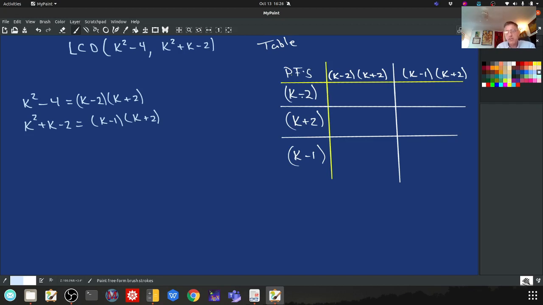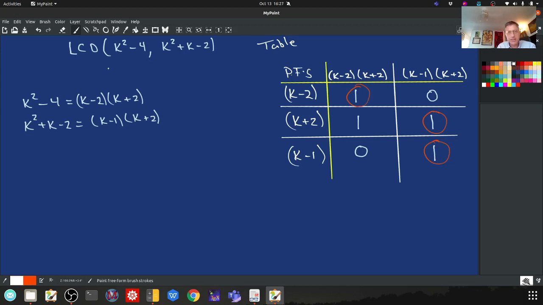So how many factors of k minus 2 are in my first denominator? Just 1. There's 1 factor of k plus 2, and there's 0 factors of k minus 1. How many factors of k minus 2 in the second denominator? 0. There's 1 factor of k plus 2 and 1 factor of k minus 1. So just circle the largest number.